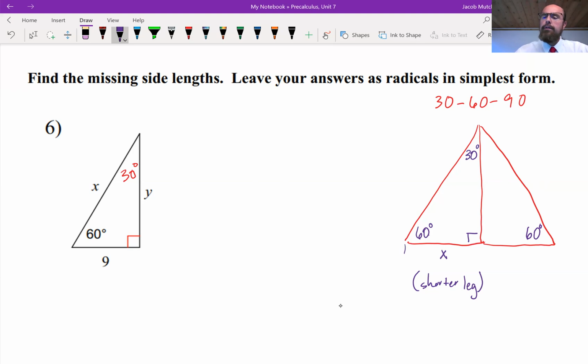This x is exactly half of the full length of the lower side of the equilateral, which I could represent as 2x. Well, if the lower full side of the equilateral is 2x, so is this left side. It's equilateral. And so what we've got is an initial relationship between the hypotenuse and the shorter leg. What's left for us to find is how we're going to define this length of the longer leg.